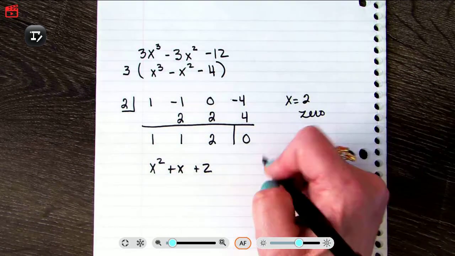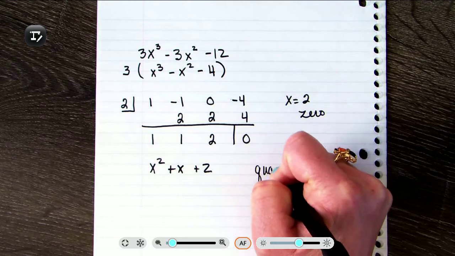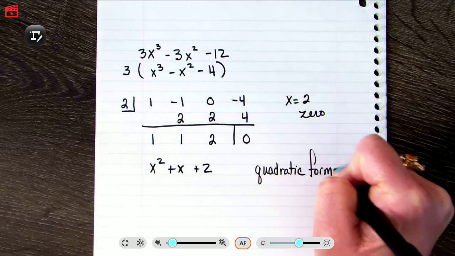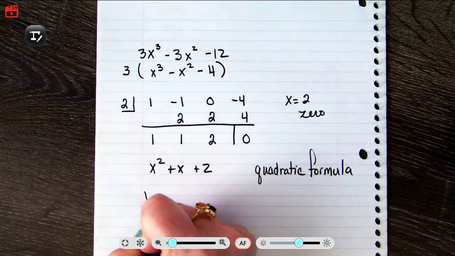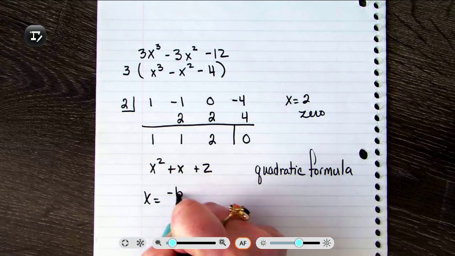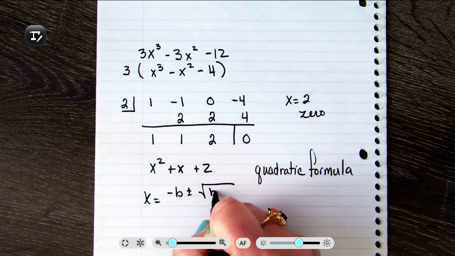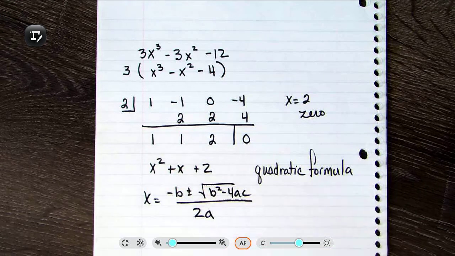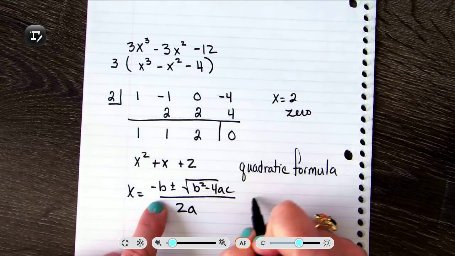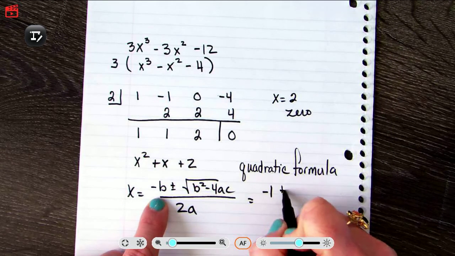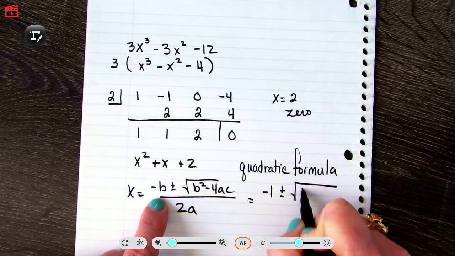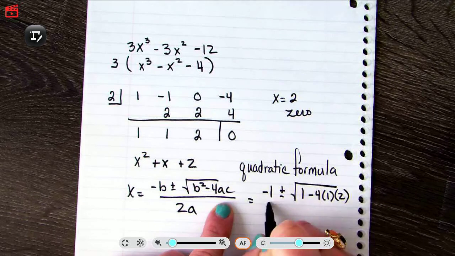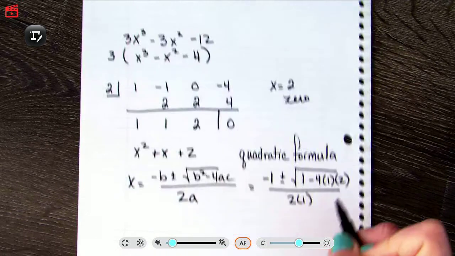So I'm going to need to go to the quadratic formula. So that tells me that x is going to be, reminding us of the formula, negative b plus or minus the square root of b squared minus 4ac all over 2a.